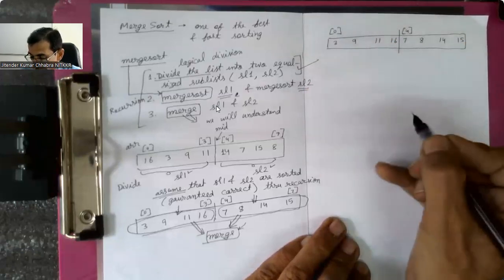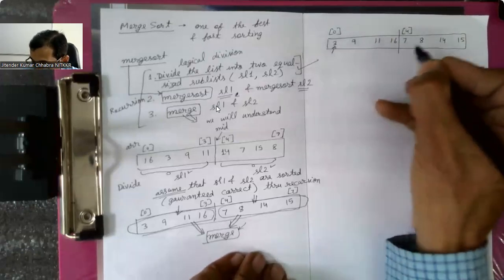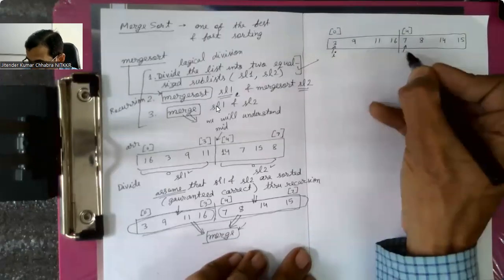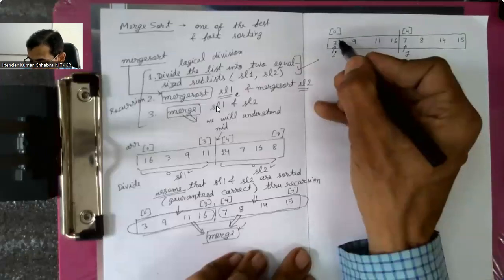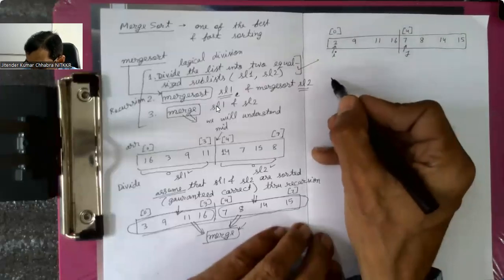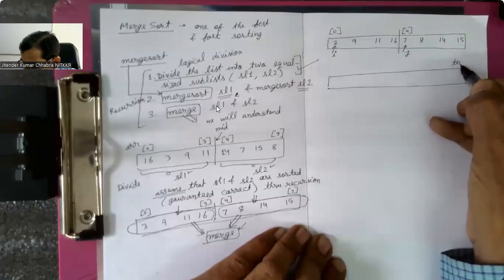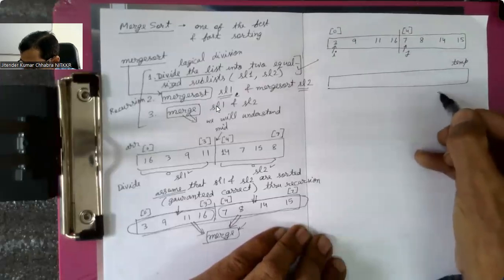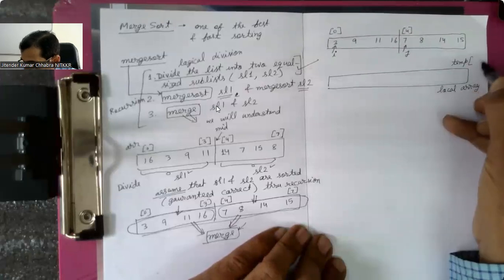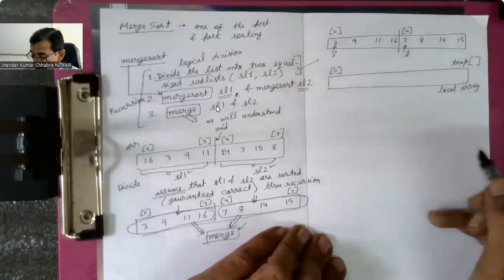Take starting indexes. Sorting means effectively comparing the first element of both lists. Let's assume this is I, this is J. So I will compare array I versus array J, and I will take an extra temporary array, a local array I will create, which will be obviously 0 to some bigger size, as big as needed.